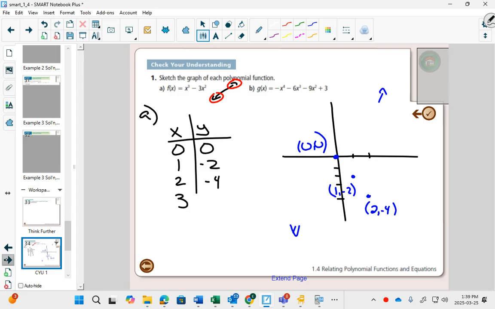If I plug in 3, I get 27 minus 27 is 0 again. That's kind of nice. If I go to the negatives, -1, that'll give me -1 minus 3, -4.